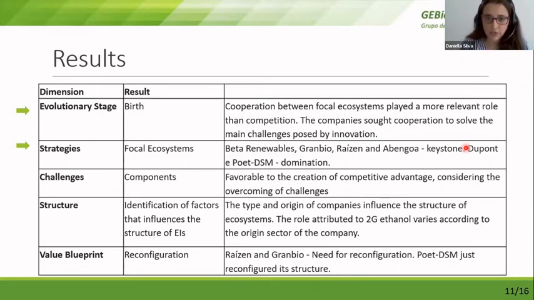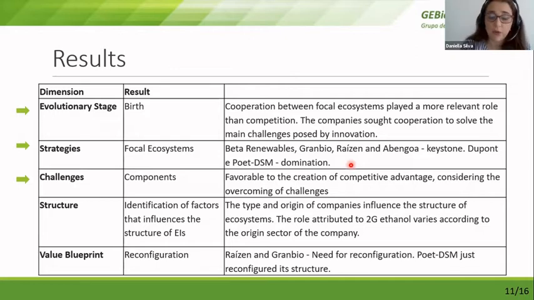The keystone plays a role like guiding this ecosystem into the future, and it controls the ecosystem. We also have a different kind of strategy, which we call domination, where the company already possesses lots of these skills and competence and tries to depend a little less on partners.